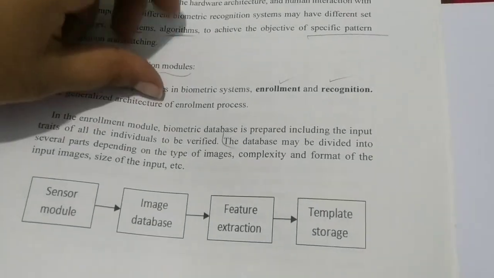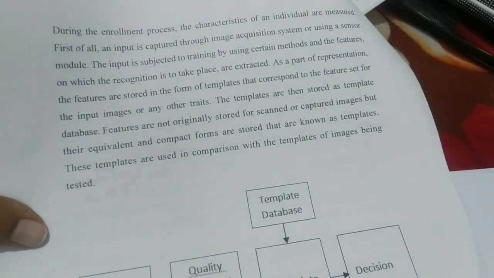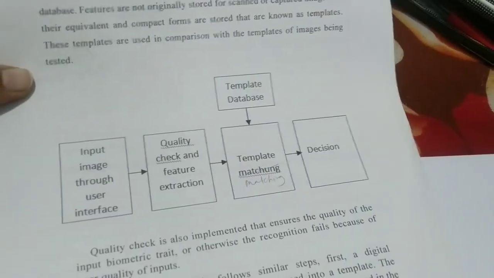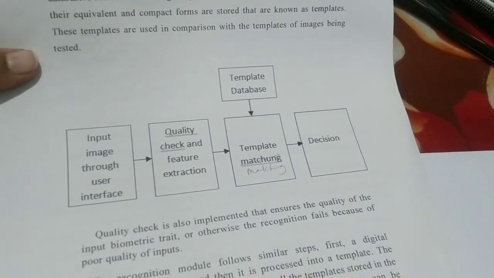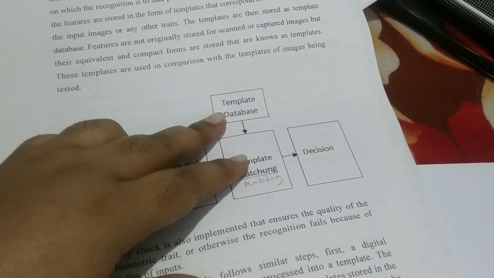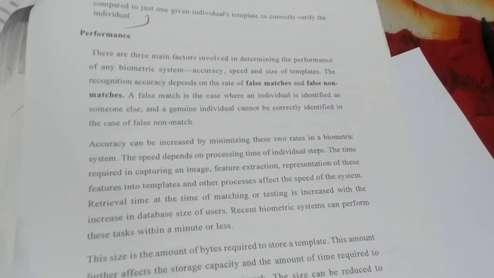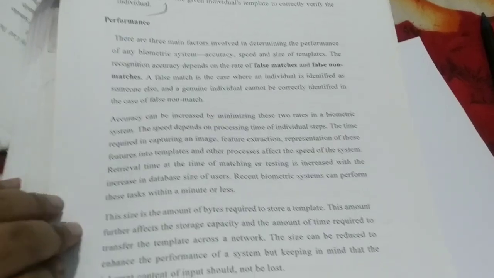Which is sensor module, image database, feature extraction and template storage. We also have another diagram which is input image to user interface, quality checks, feature extraction and template matching, template database and decision. Okay. And this one is the performance.